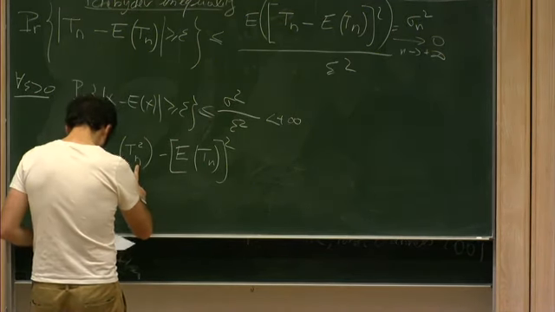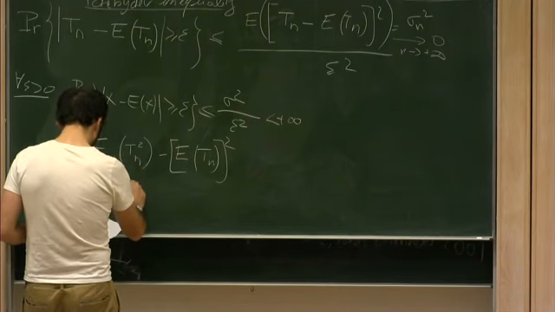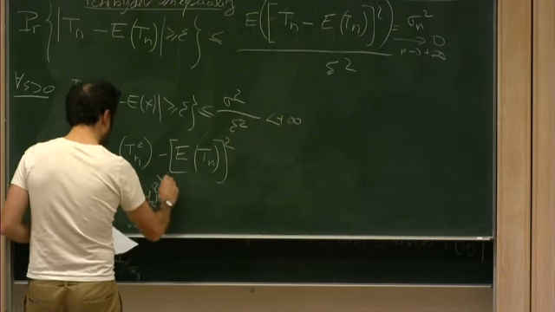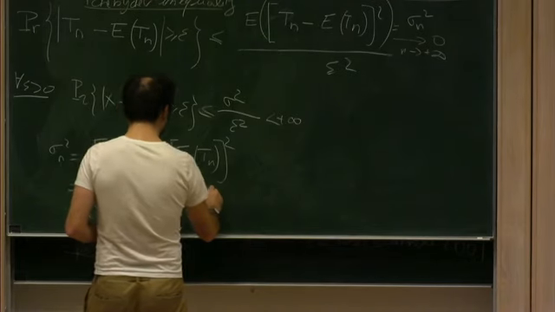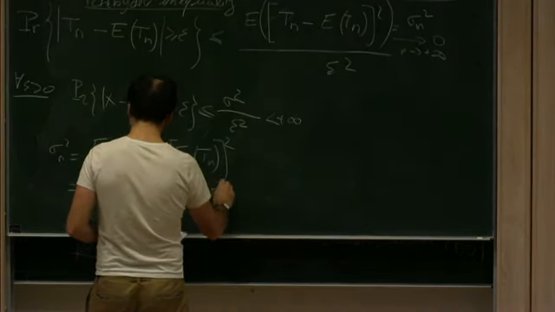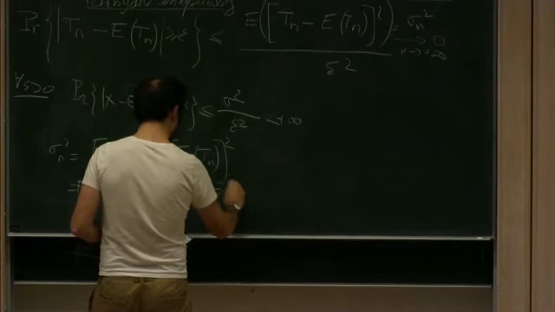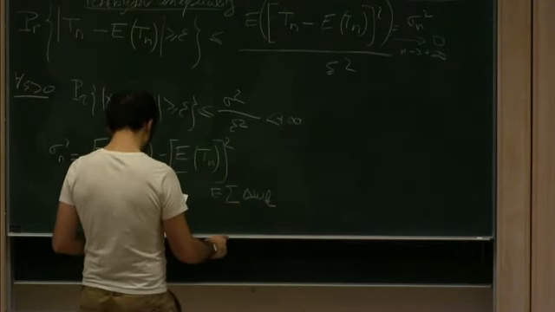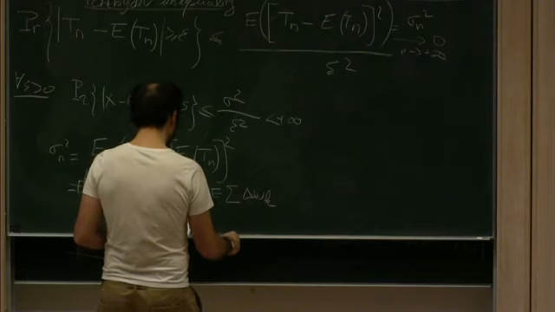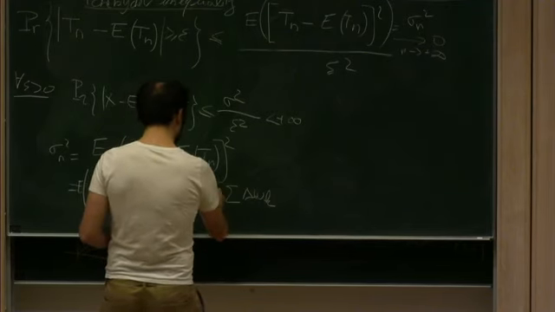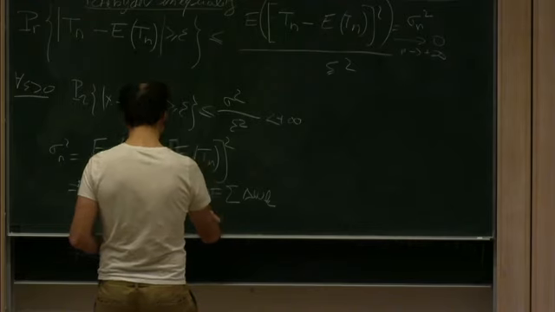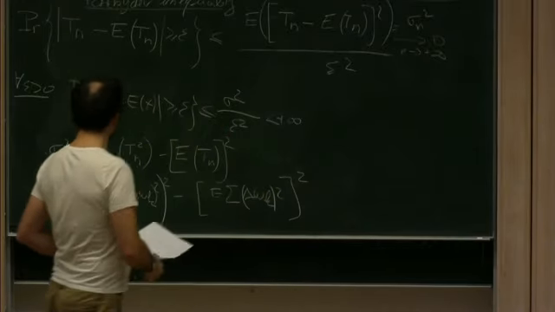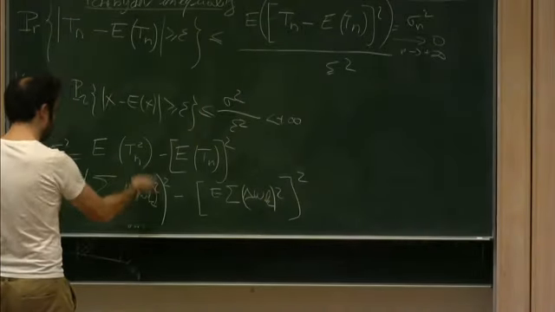What is this Tn squared? Yeah, this is correct. So this is the sum of d omega k squared, minus the expectation of Tn, which is the sum of d omega k, everything squared. I just introduce in here the definition of Tn.